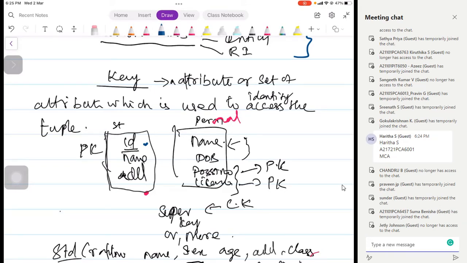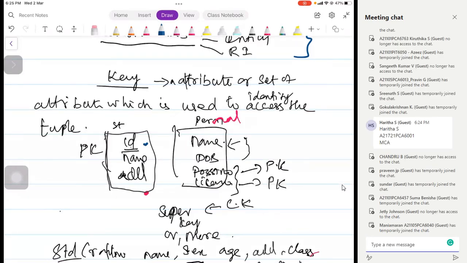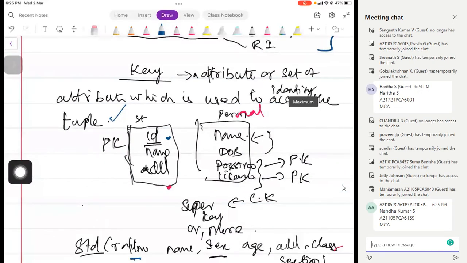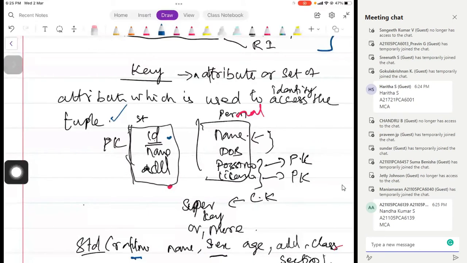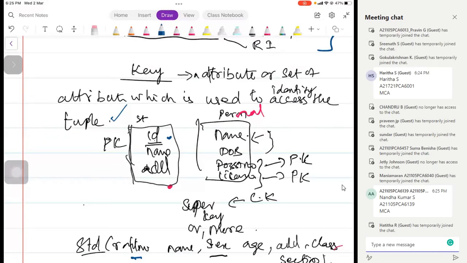So like that, some identity for some data you have to give. That is key. Key is an attribute or set of attributes which is used to identify and access the tuple. Are you understood? Attribute or set of attributes. Sometimes a single house may have more than one Venkatesh, more than one Kumar.